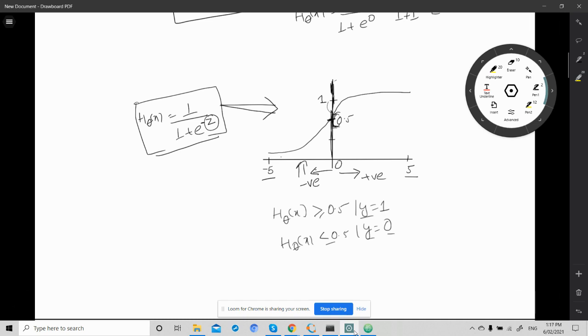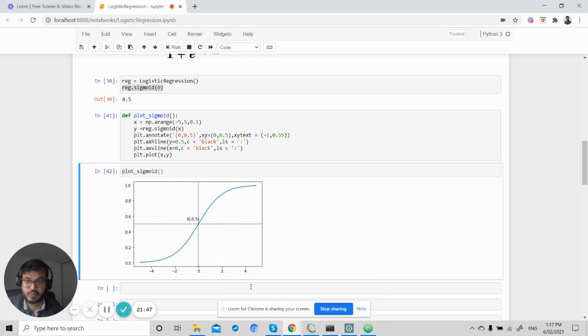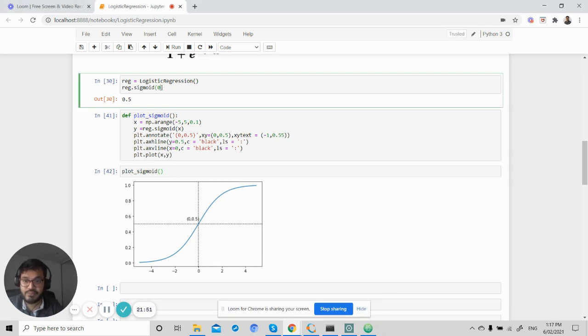So what we can interpret is, suppose we plot a sigmoid function for 0.9, the sigmoid value for 0.9 is 0.71.